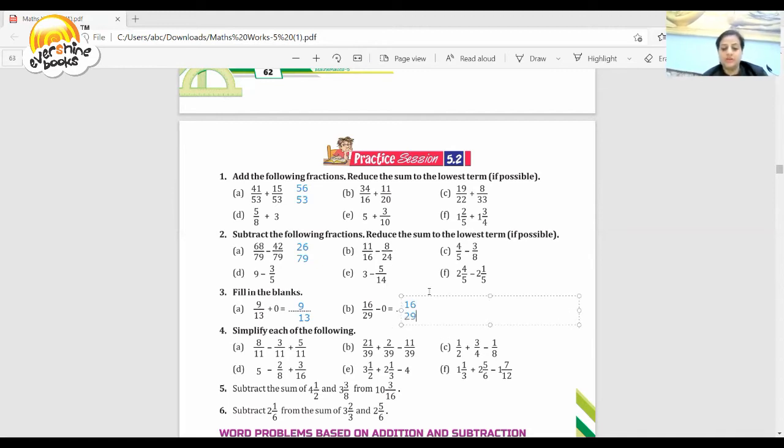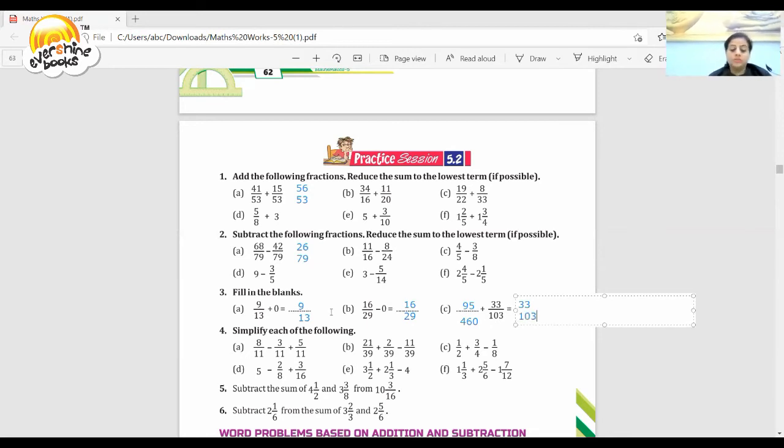The same number will come. 33 upon 103 is written and here 95 upon 460 is written. So we will write here 95 upon 460, and here we will write 33 upon 103.